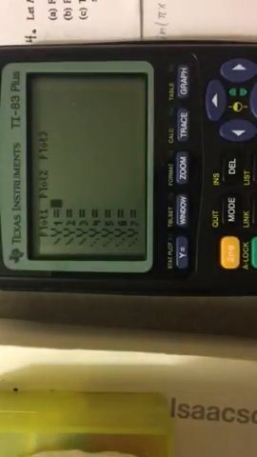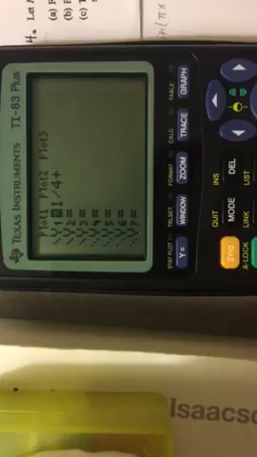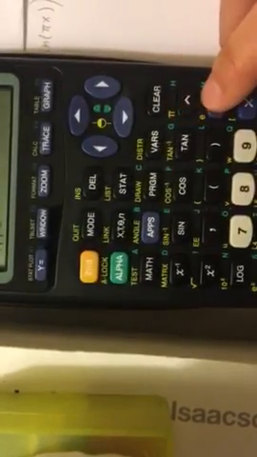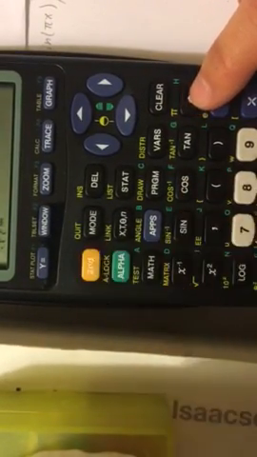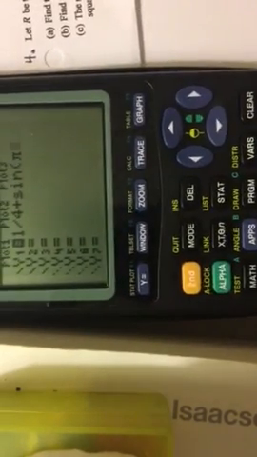So your first equation will be f of x. You plug in 1/4, and then plus sine, and then pi is a key over here. You click second, and then you get pi, right?